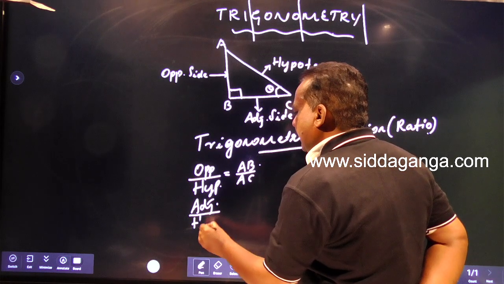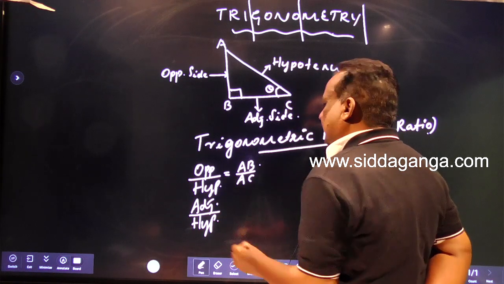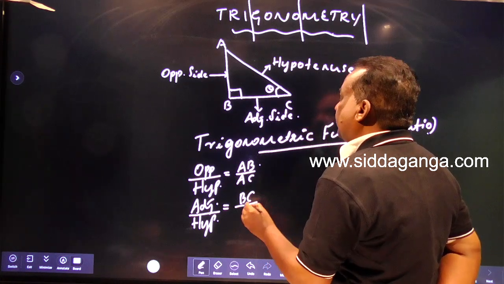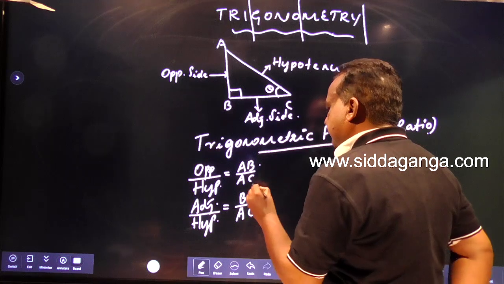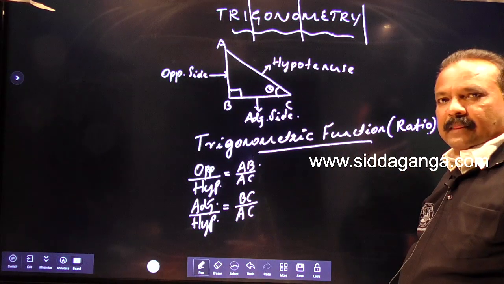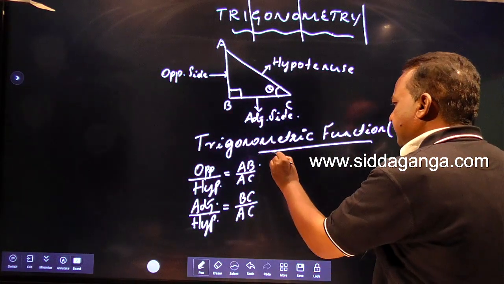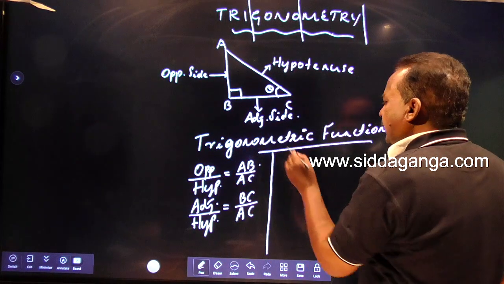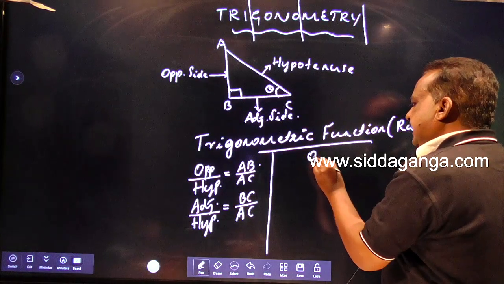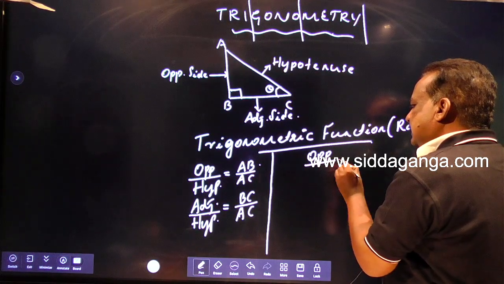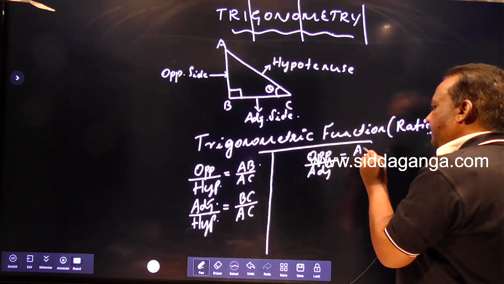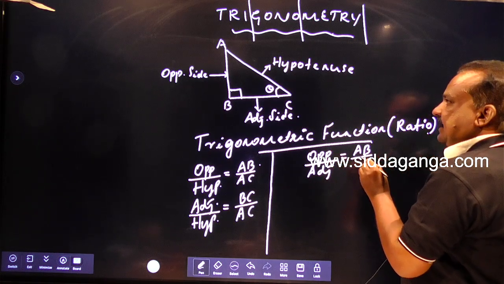Adjacent is BC and hypotenuse is AC. Okay. You can define opposite by adjacent. Opposite is AB, adjacent is BC.